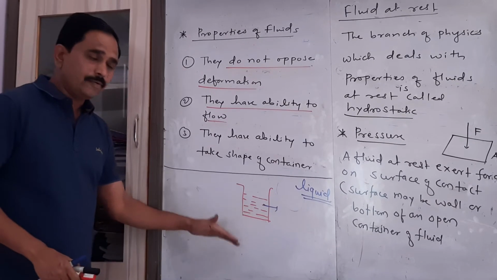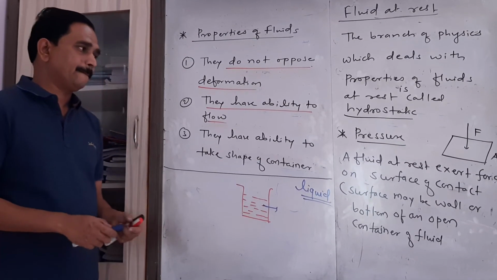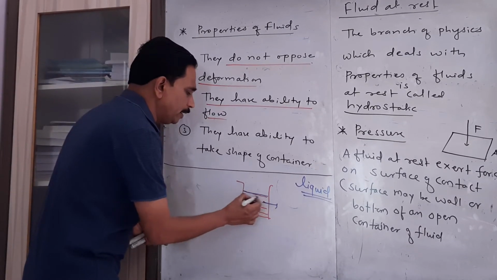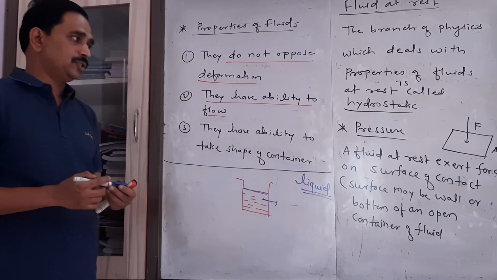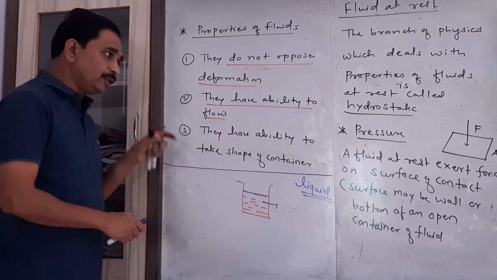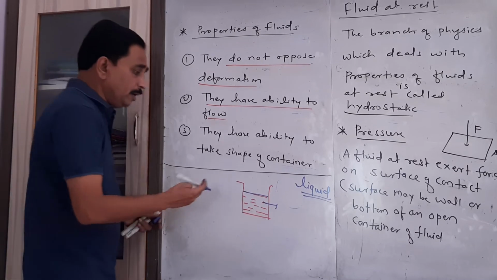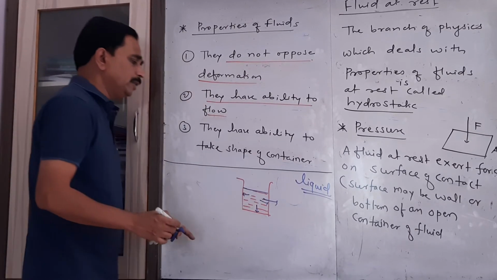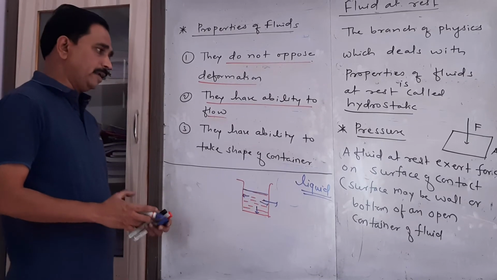Now when liquid is taken in a container and is at a rest position, this liquid exerts force on the walls of the container as well as the bottom of the container.